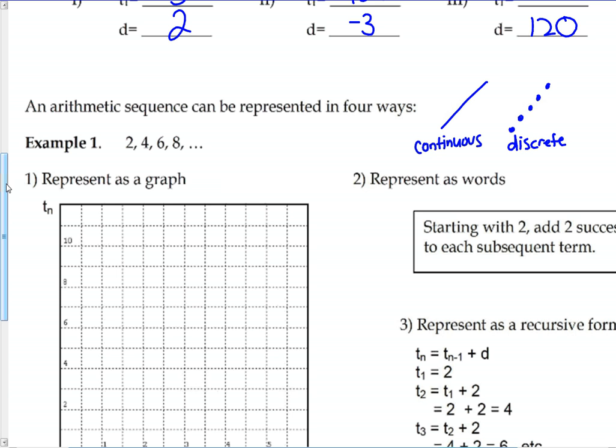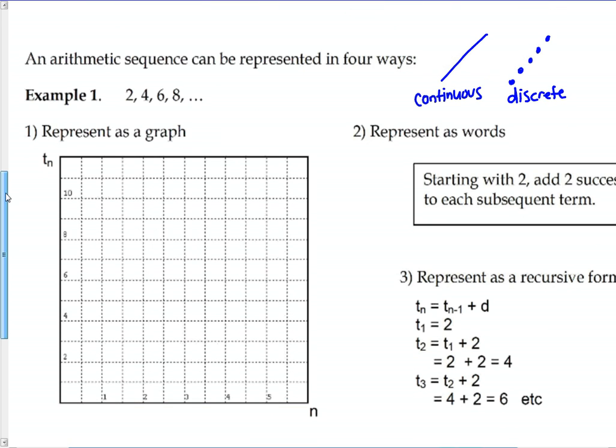Sequences, do you think it's continuous or discrete? Think about it. In between each term, do we want to look at the numbers in between each term? Not really, right? We're just looking at the pattern of those specific numbers. And so when we graph a sequence, it's always going to be discrete.